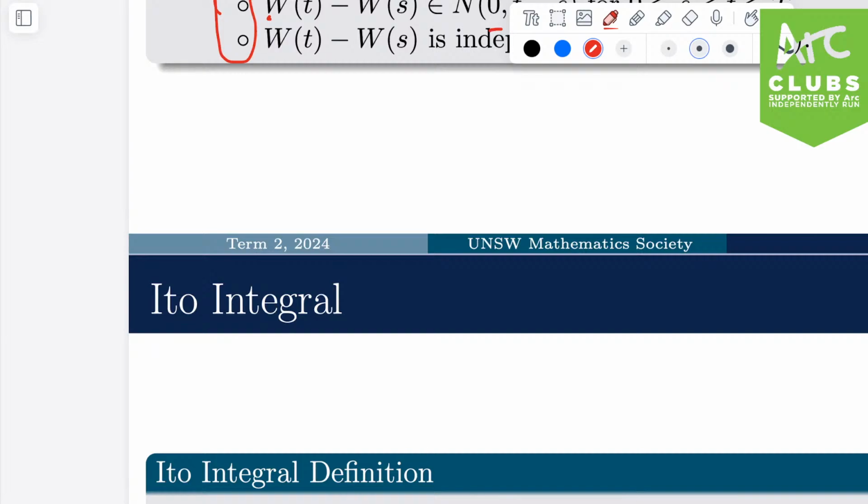So let's define delta t to be the total time over the number of steps n, right? So again, this is a discrete form of Ito integral. We separate the continuous time into n sub-intervals and define Tn to be n times delta t.